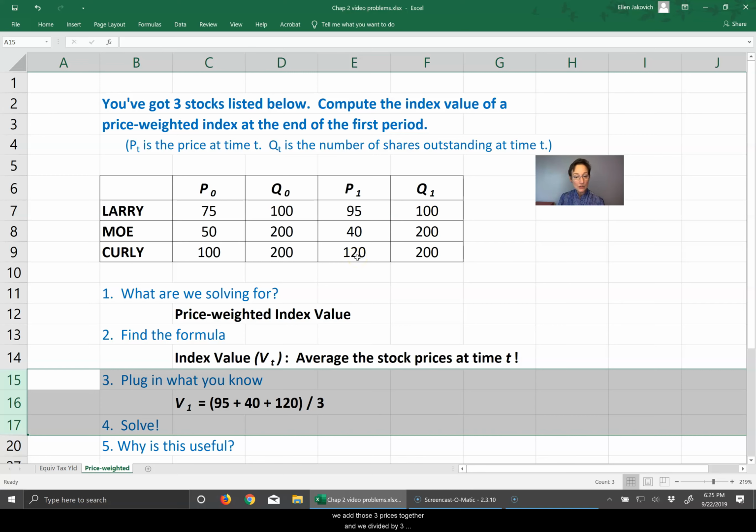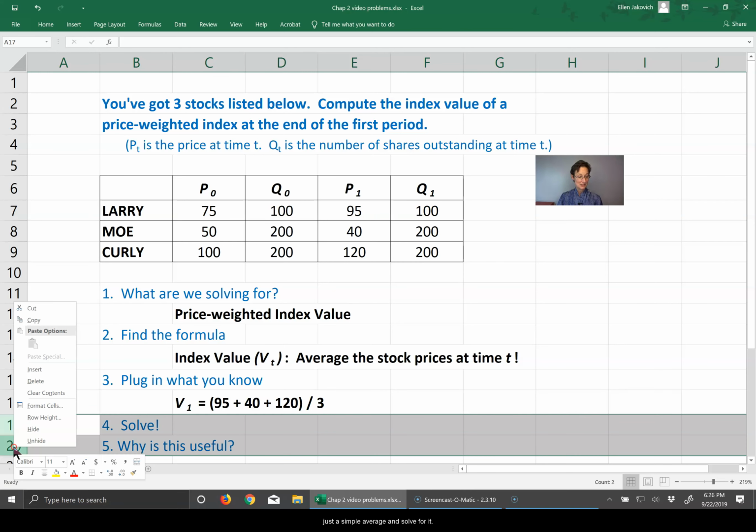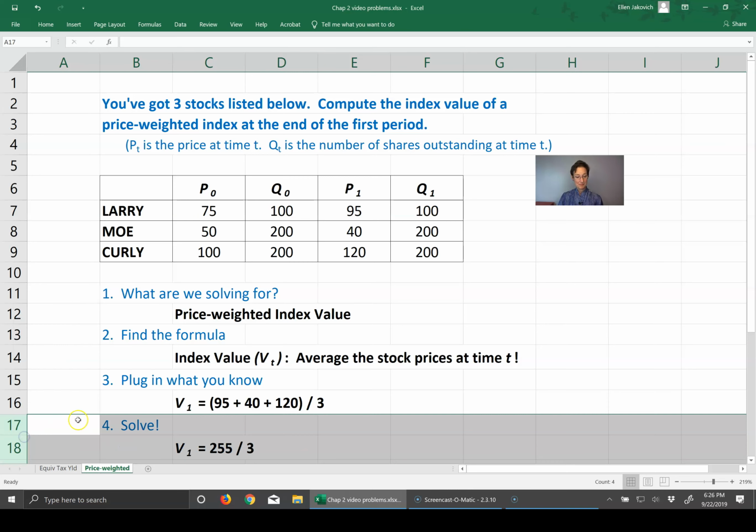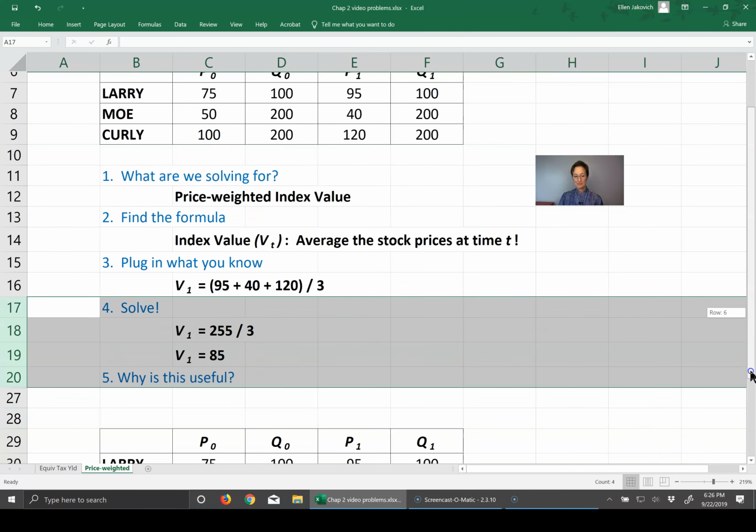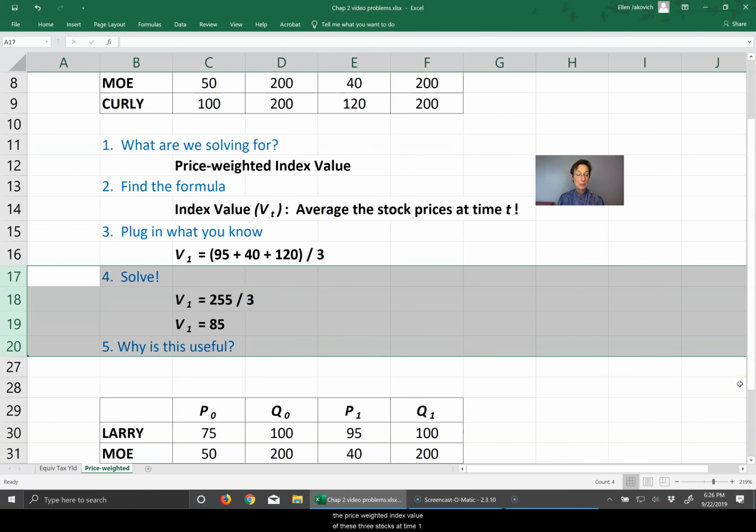There are 3 stocks. We add those 3 prices together and we divide by 3, just a simple average, and solve for it. And we get the price-weighted index value of these 3 stocks at time 1 is 85.